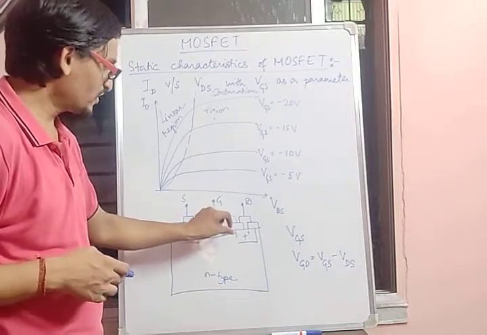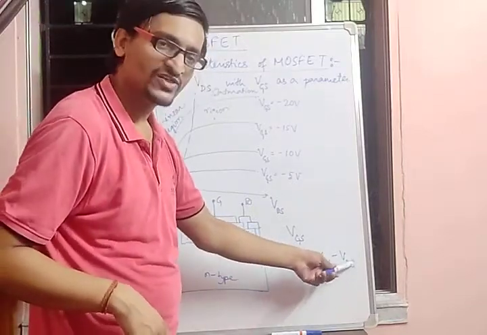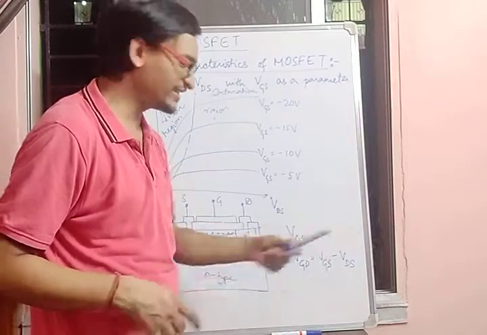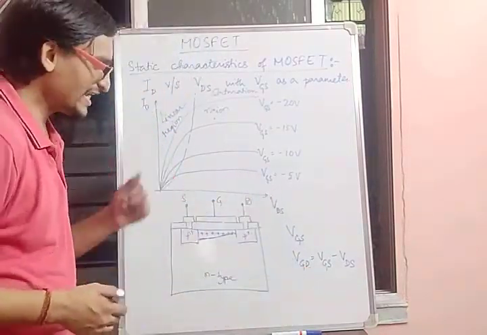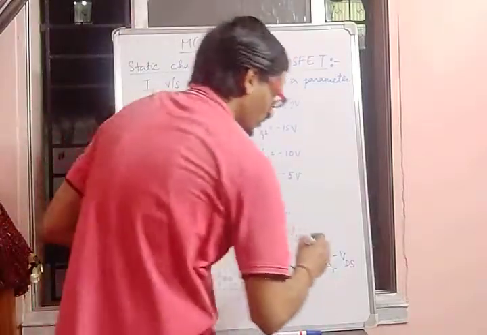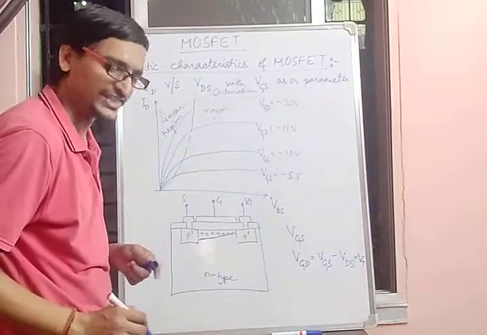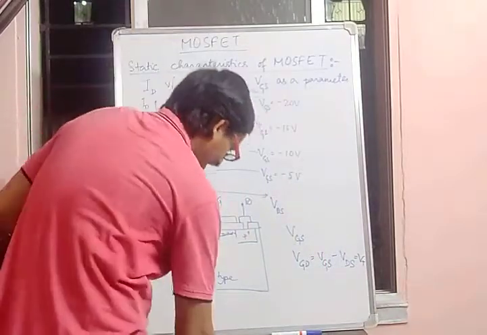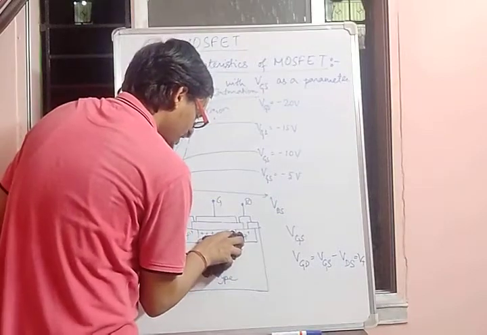Now as you go on increasing this drain to source voltage, this VGD will go on reducing, and at a particular value of the drain to source voltage, when this voltage becomes equal to the threshold voltage, at that moment your pinch off takes place.